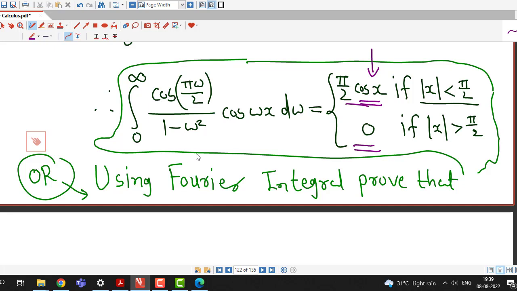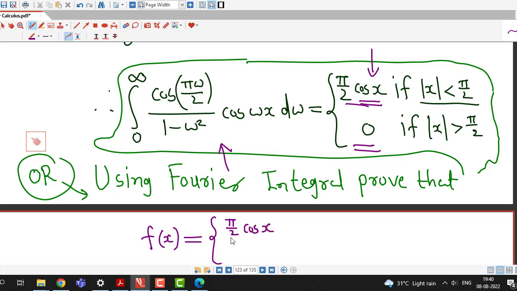So be careful, they ask this type of question also. They never specify that you should use this function, but you have to decide what is the function f(x) whose Fourier integral we will use to prove this part of the question. If you are not comfortable, you can consider the right hand side as your f(x).